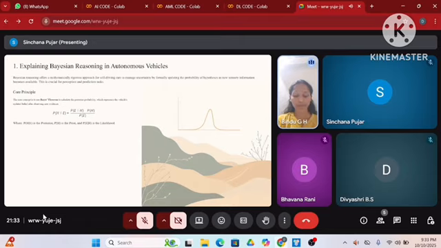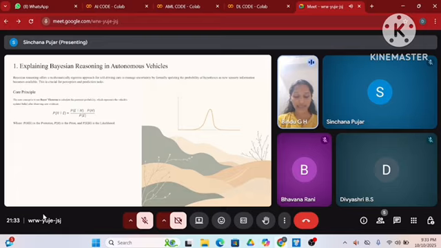P(H) is the prior, the initial belief before seeing the new evidence. P(E|H) is the likelihood, the probability of seeing the evidence if the hypothesis is true. P(E) is the evidence, the overall probability of observing the evidence.